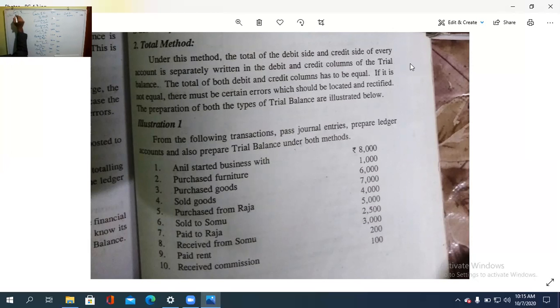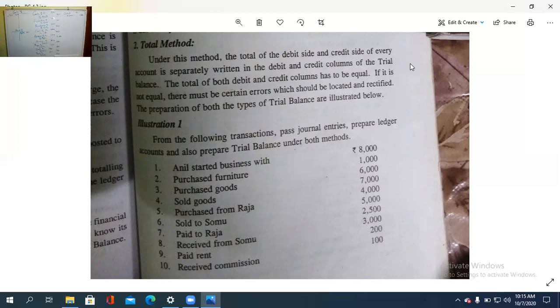How much is it? 8,000. Firstly, we put it as cash. Okay. Then, what is the next account? Anil's account. Due to the shortage of space in the board, I will put it in this way only. Okay. Cash account debtor to Anil 8,000. Then, next cash in effect here, and Anil is by cash. That is the better way.